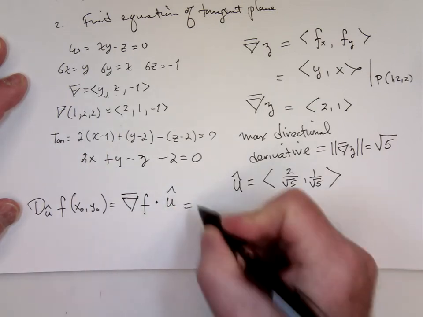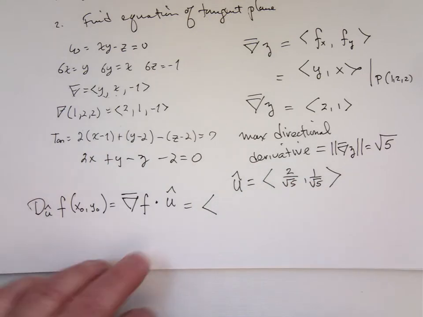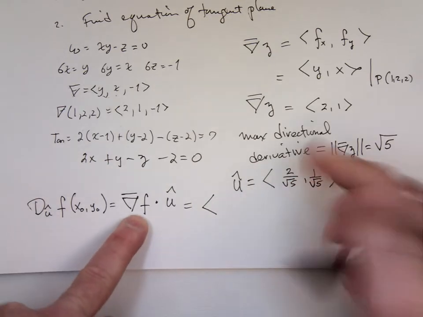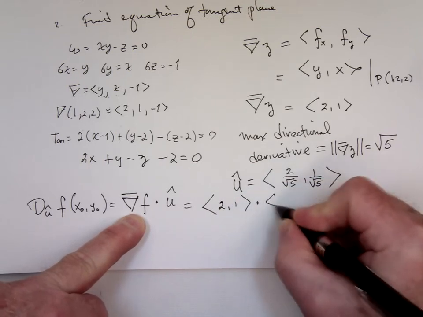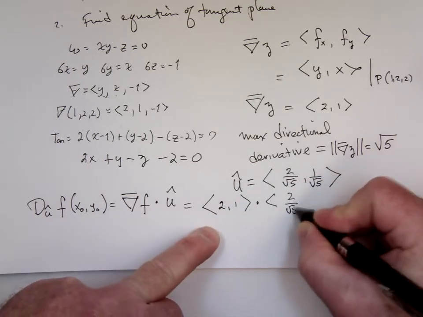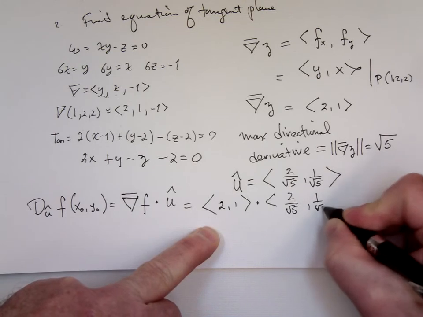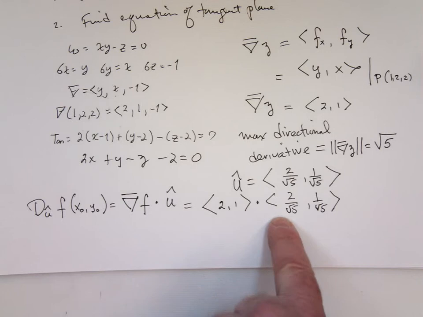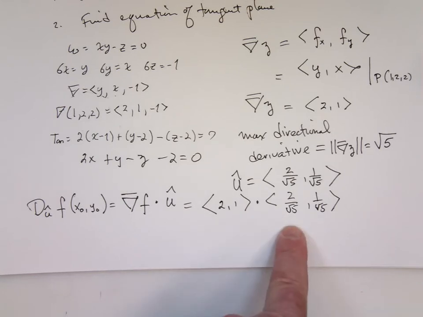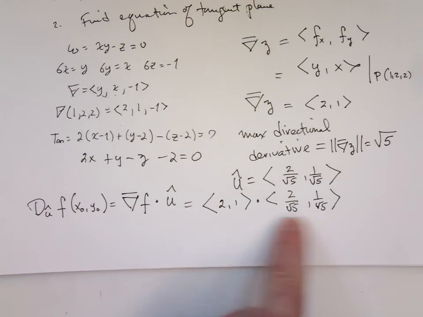So that's the gradient of this function, (2, 1), dotted with the unit vector (2 over the square root of 5, 1 over the square root of 5). By the way, this 2 over the square root of 5 is the cosine of the angle that this vector makes with the x-axis, and this is the sine of that angle. It's cosine theta, sine theta.